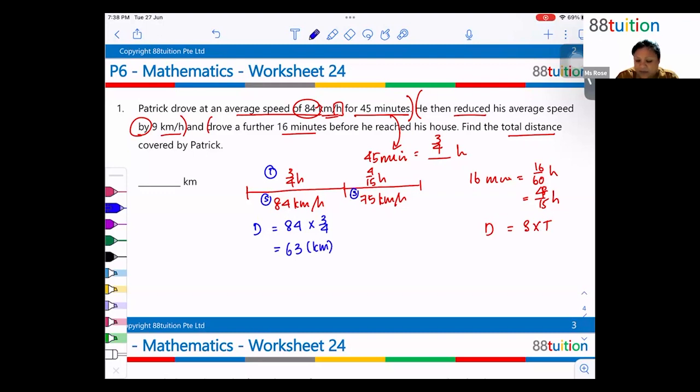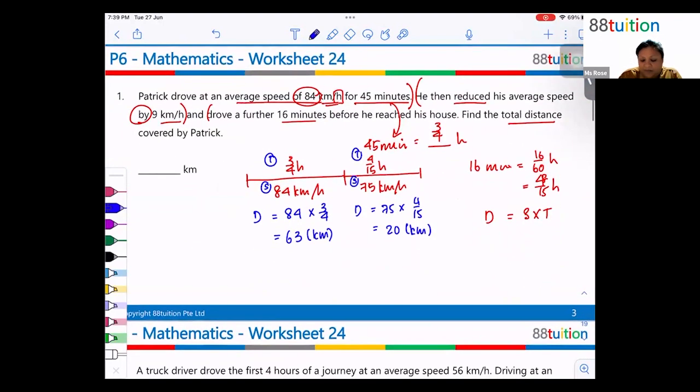And for the second part, I have speed, I have time, distance is speed times time, to give me 20 kilometers.